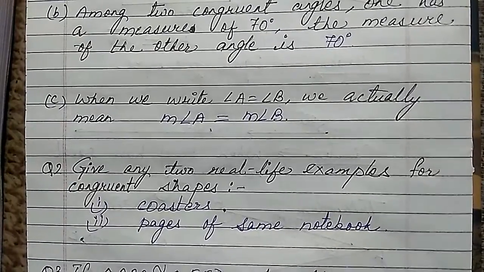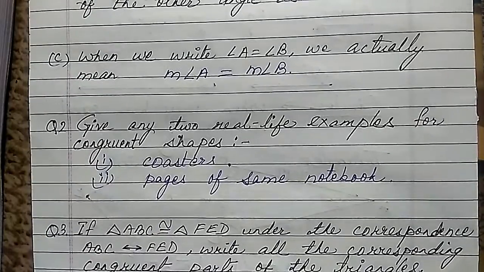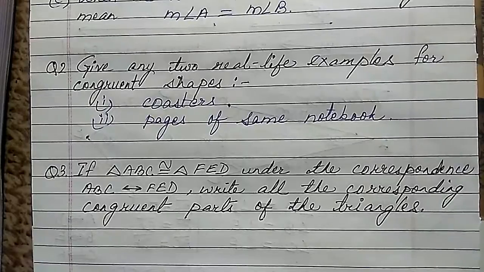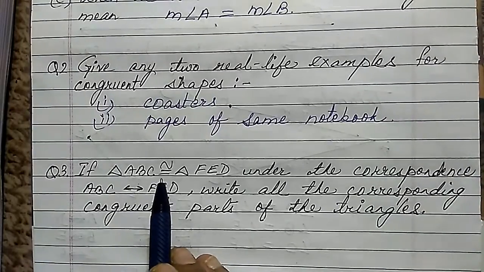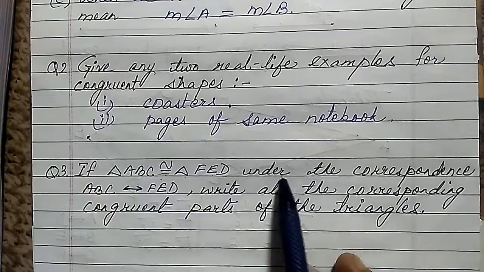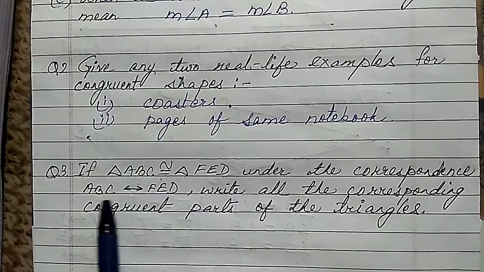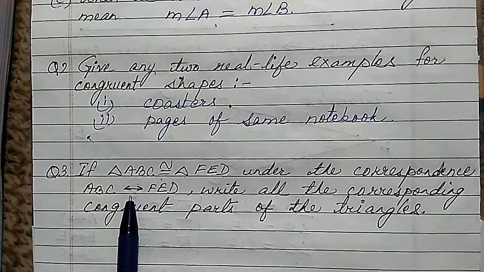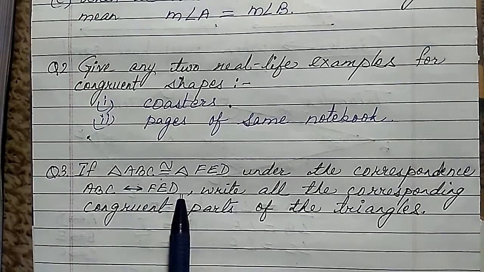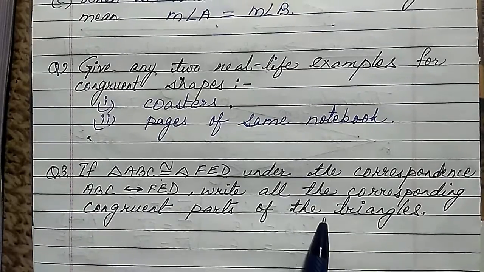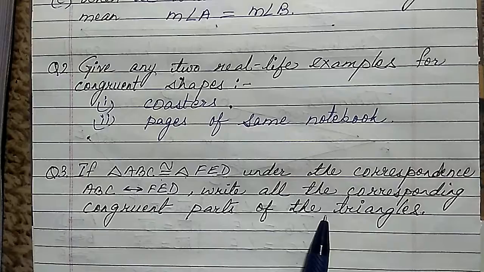Third, question number 3. If triangle ABC is congruent to triangle FED under the correspondence ABC corresponds, this symbol is for corresponds, FED. Write all the corresponding congruent parts of the triangles.